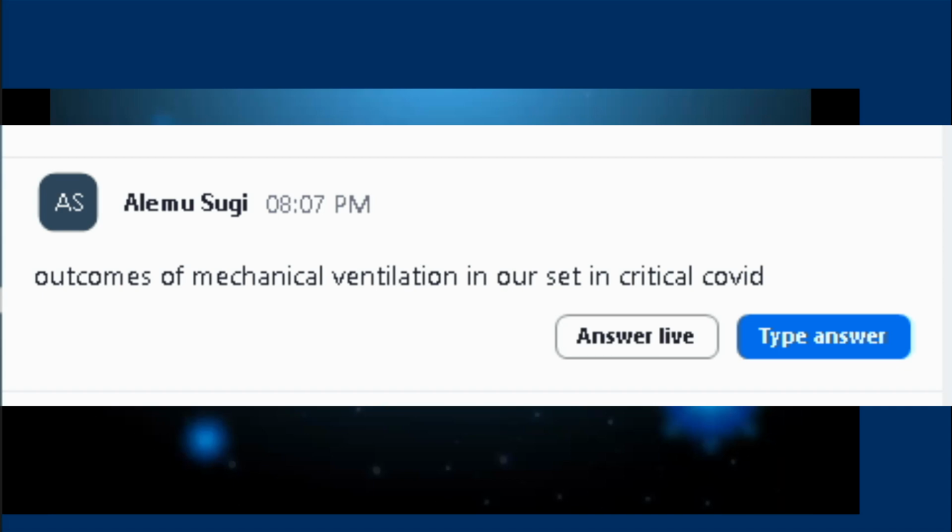So this one says clarify about the FACTT trial. If there are no other questions, I can focus on this. They tried to check the fluid, whether liberal or conservative management in ARDS patients, and they found out that conservative management is better than liberal fluid management.